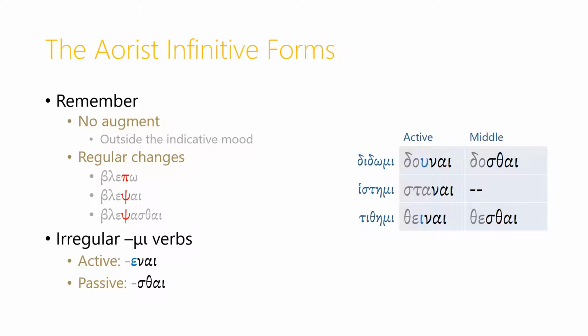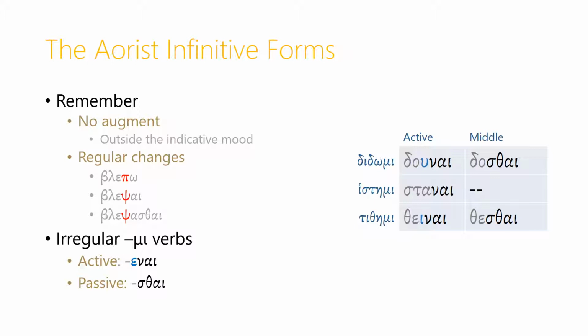So we get theinai. So those active forms of the aorist infinitive for mi verbs, they're actually regular within themselves. You've just got to remember that the mi verbs form their aorist active infinitive differently. Instead of -sai, you put on -nai.